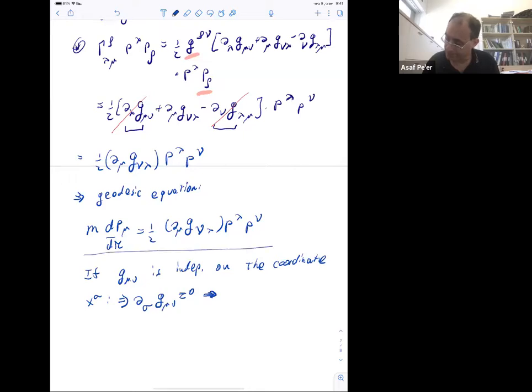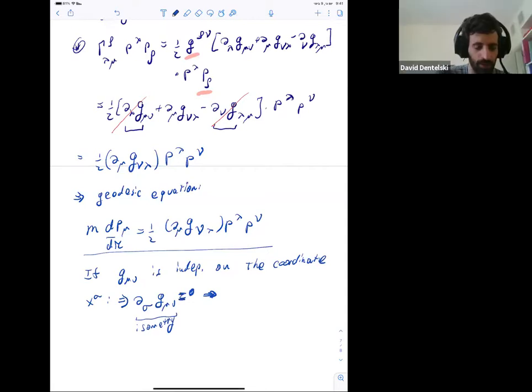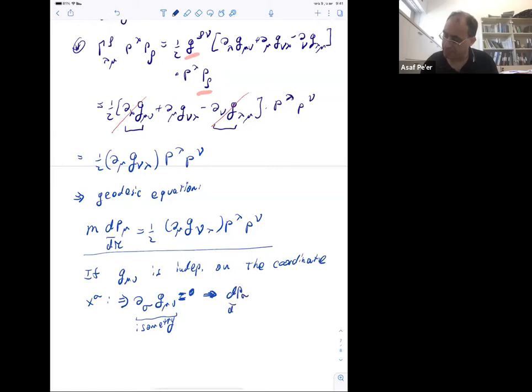So from the isometry, I mean, this is the isometry, right? And what do we get from the geodesic equation? Zero, this is conserved because the derivative is 0. Right? dp_σ/dτ is equal to 0. If this is 0, then this is 0.